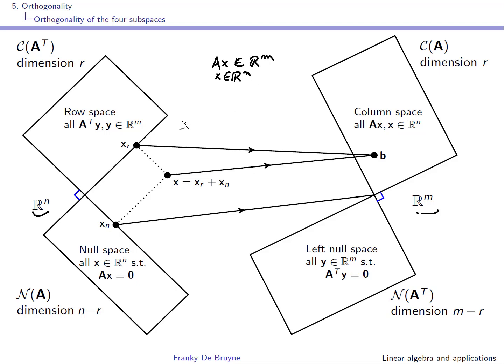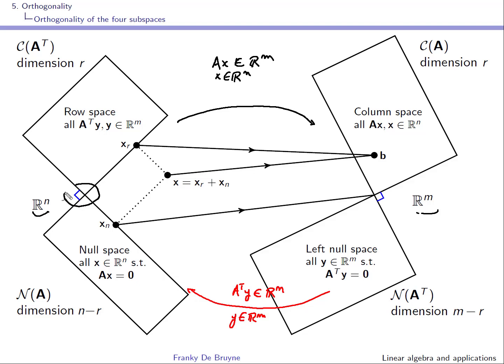So A was taking a vector from Rn and bringing it to Rm, and you could do the inverse also with the matrix A transpose y, with y in Rm. This leads to vectors that are in Rn.